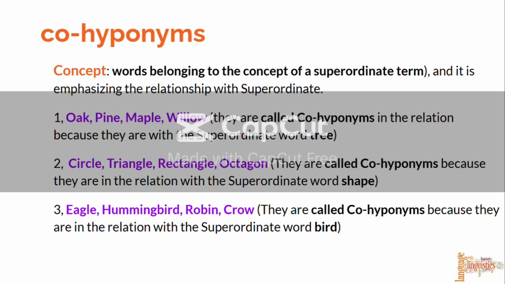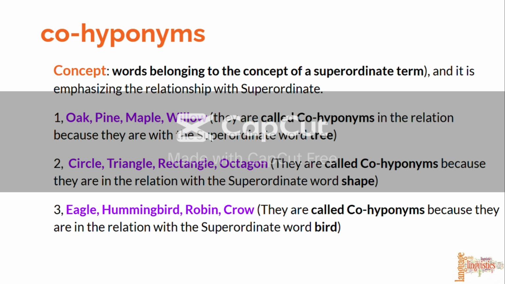In this case, they are sharing the superordinate word of shape, or they are included. The meaning of this group of words are sharing the meaning of the superordinate word of shape, and the meanings of those words are included in the meaning of the word shape.